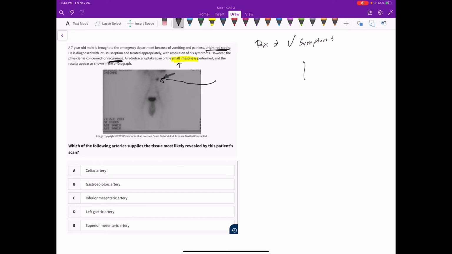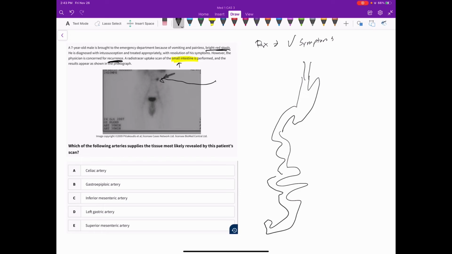So if we draw the esophagus, stomach, a duodenum, jejunum, and an ileum, this is the small intestine from here to here. It's broken up into 3 regions, and blood supply mainly comes from one region in particular, which we spoke about before, and this comes from the superior mesenteric artery.